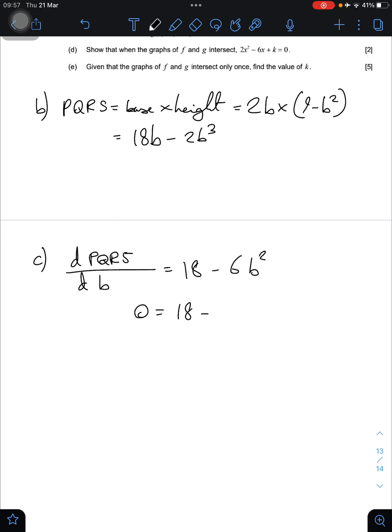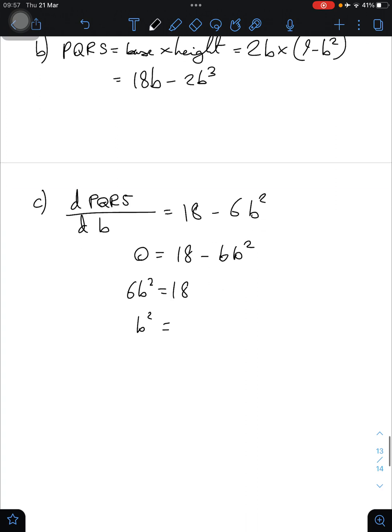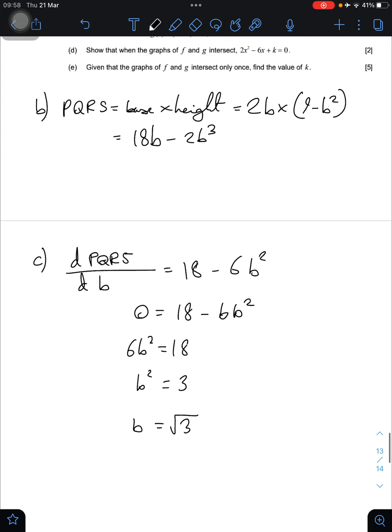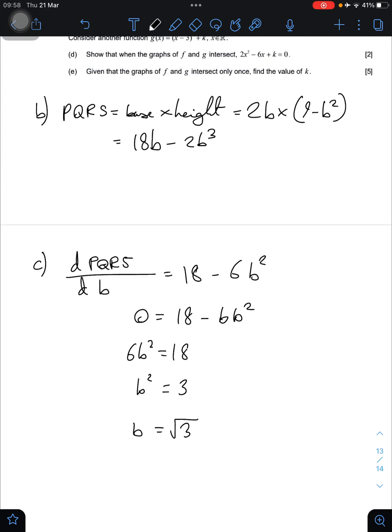So then that equal to 0 to find my maximum. And then taking 6b squared over to the other side, I'd get b squared equals 3. And so therefore b equals the square root of 3.